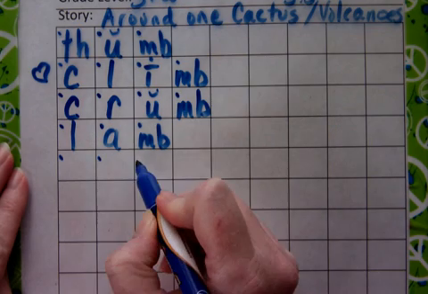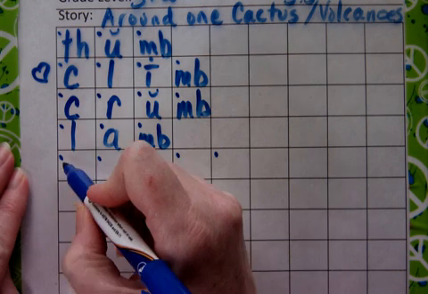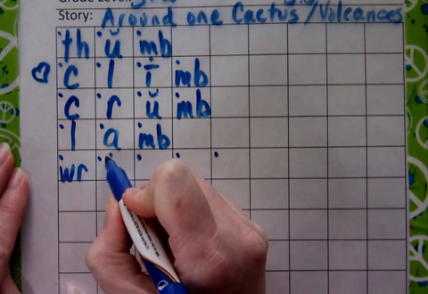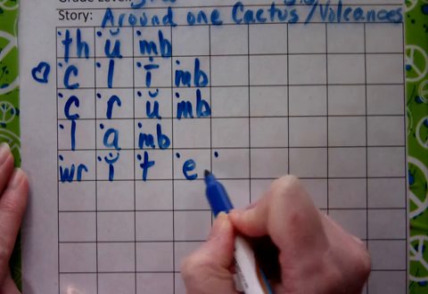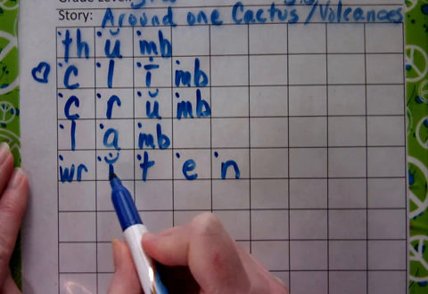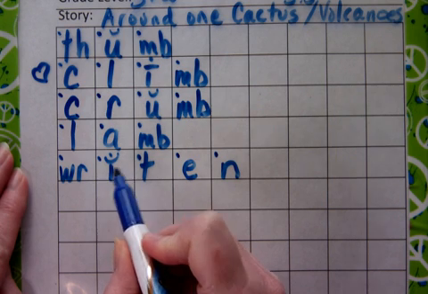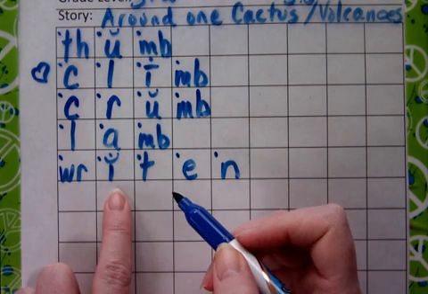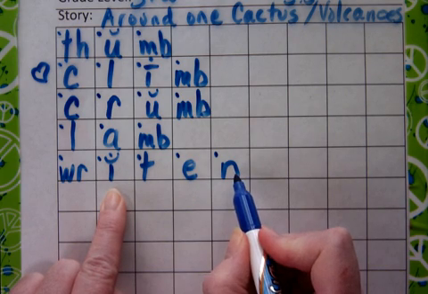R, I, T, E, N. R is the WR. I, T, E, N. Written. Now, this is a short I sound, and when we say our syllable, ri, that's the end of the syllable, and ten is the next syllable.